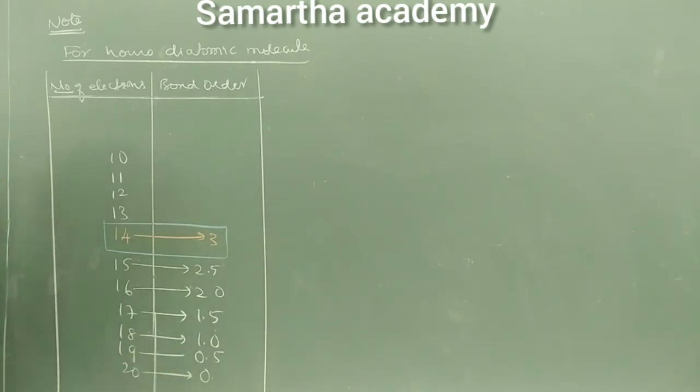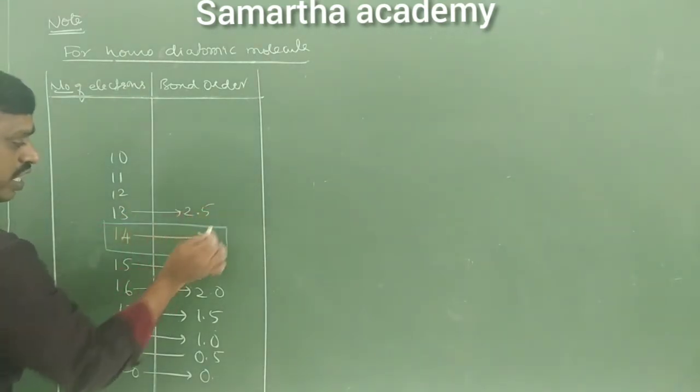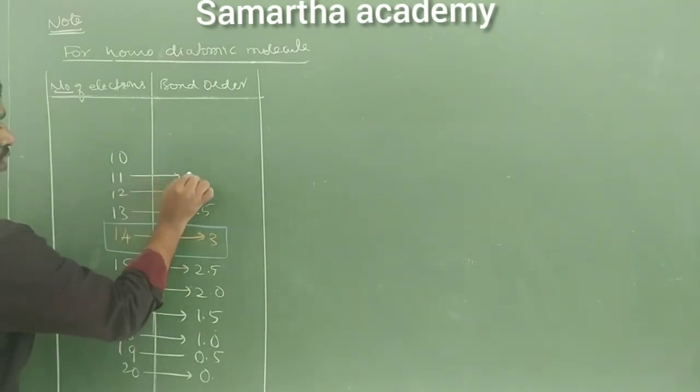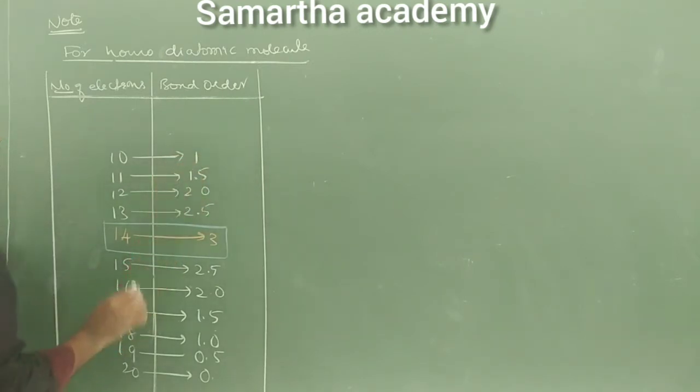If any molecule has 20 electrons, and it is a homodiatomic molecule, its bond order must be 0. Similarly, 13 electrons: 3 is the maximum, then 2.5, 2.0, 1.5, and then 1.